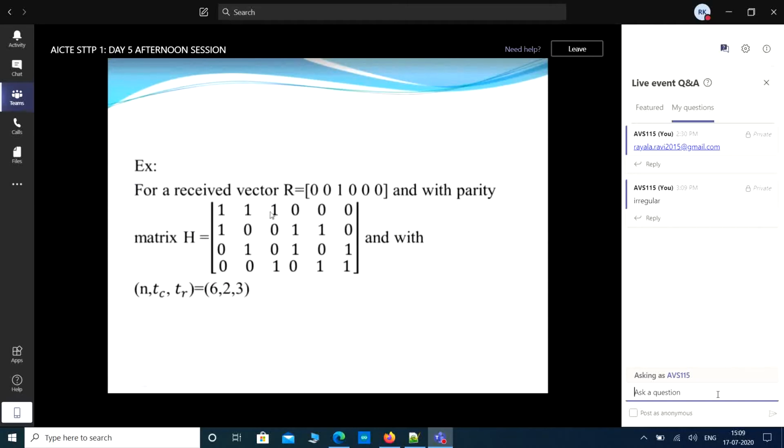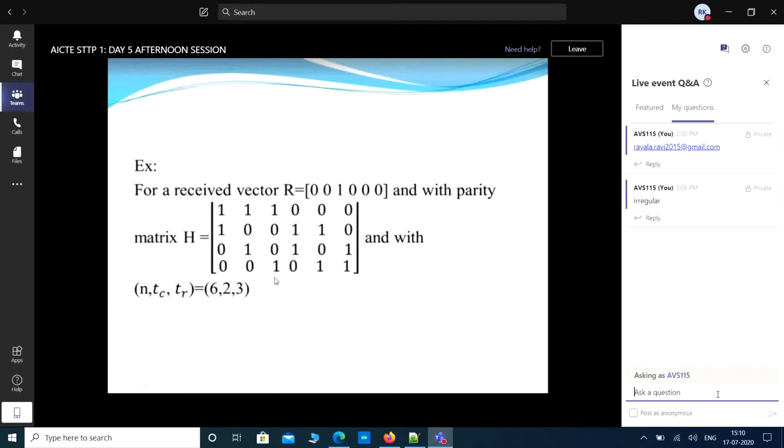So the received code vector is 0010000 and the given parity check matrix is 1100. The first column contains 2 ones and the second column also contains 2 ones. Checking the rows, the first row has 3 ones, the second row also has 3 ones, and the third row also has 3 ones.